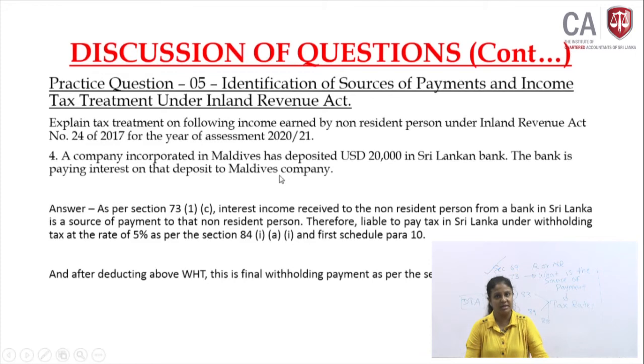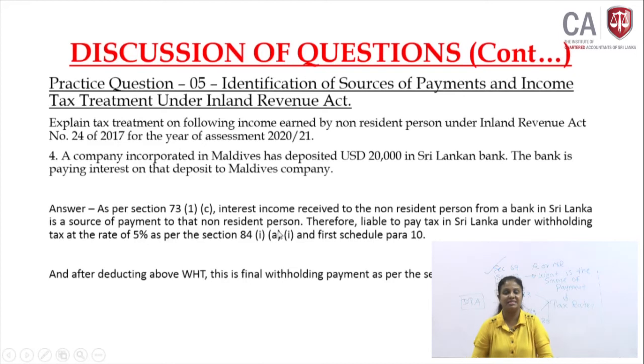Interest income. It is subject to 5% withholding tax. Come to the answer. As per section 73 subsection 1c, which is under source of payment, interest income received by the non-resident person from a bank in Sri Lanka is a source of payment to that non-resident person.